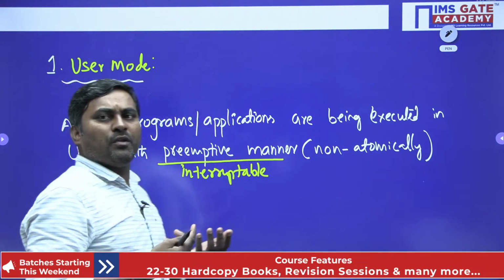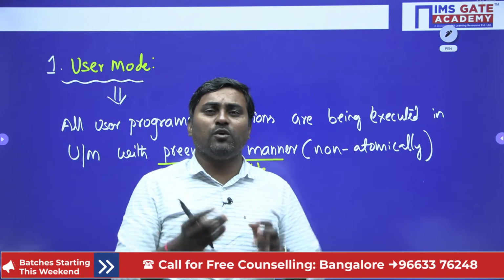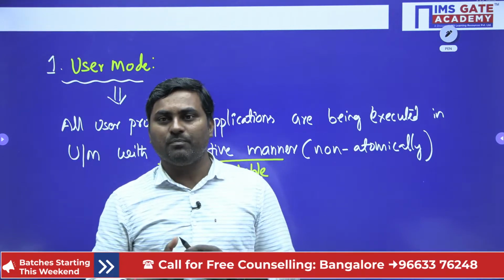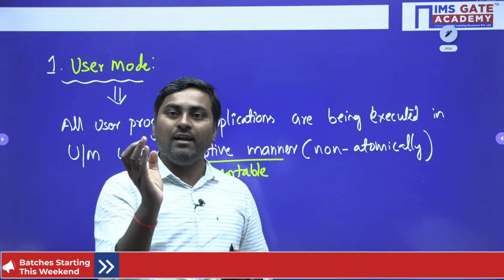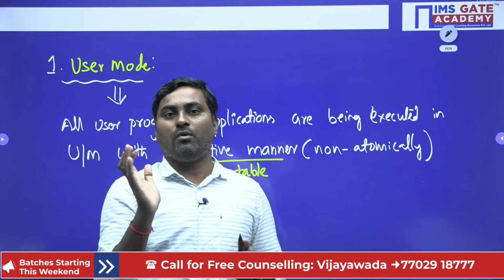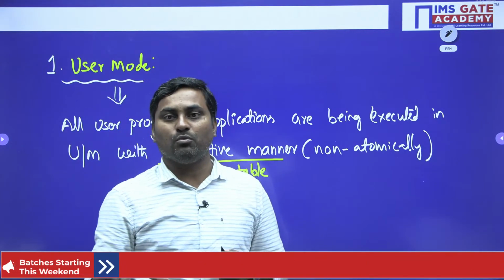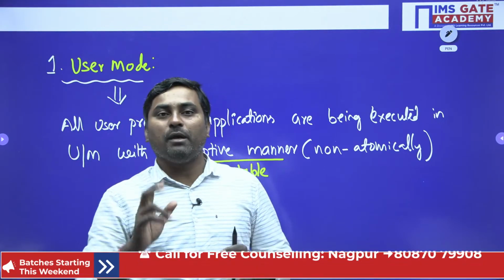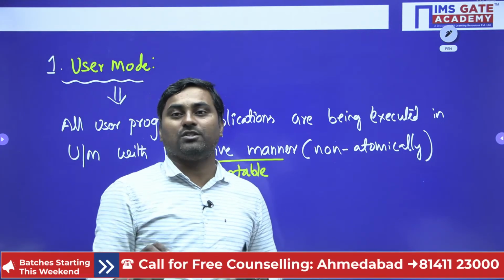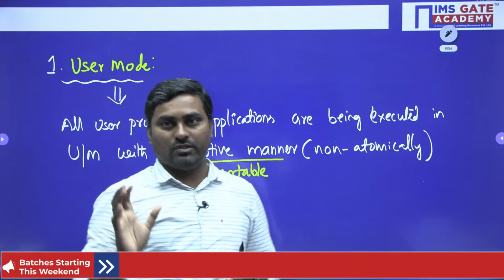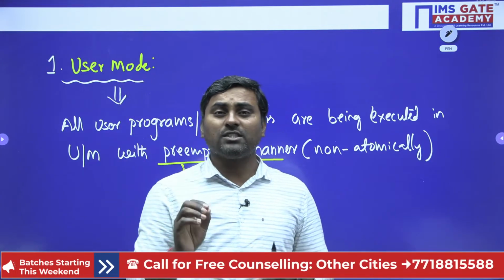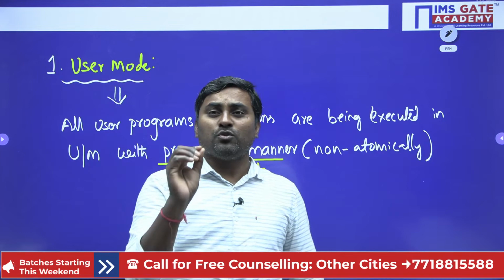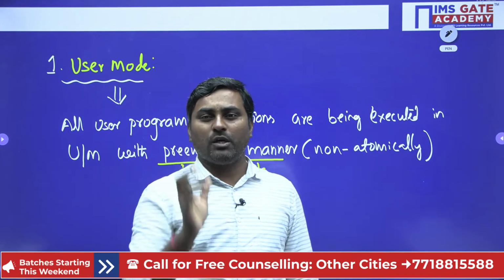Whenever user code is running in user mode, somebody can interrupt. That means the running program can temporarily be stopped, then another program can run in the CPU. At a later point, this program can continue. This is what preemption is. Last class we distinguished preemption and non-preemption.